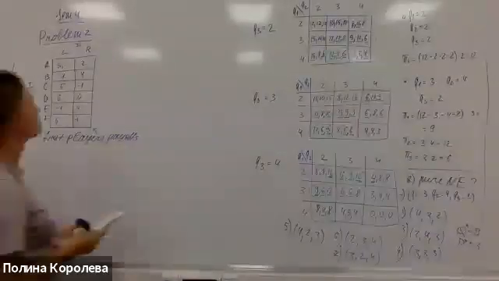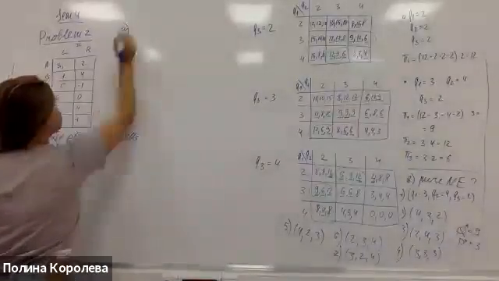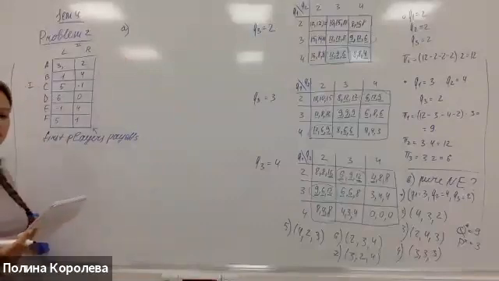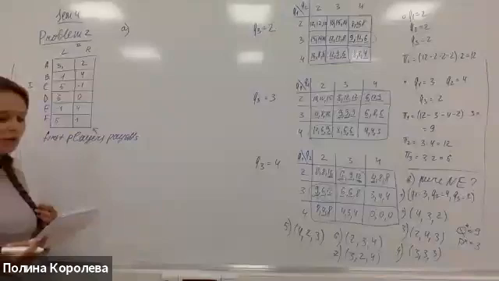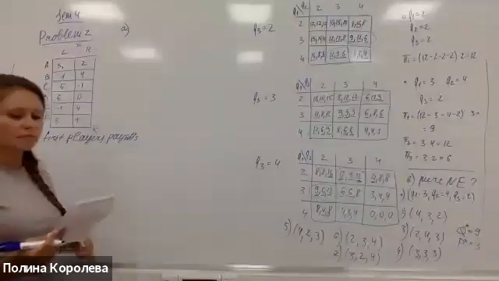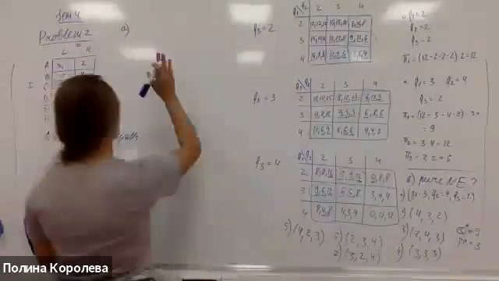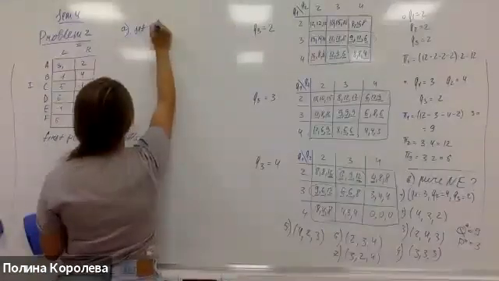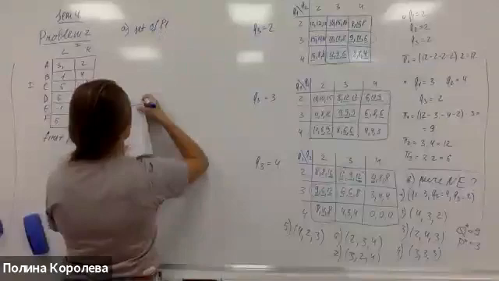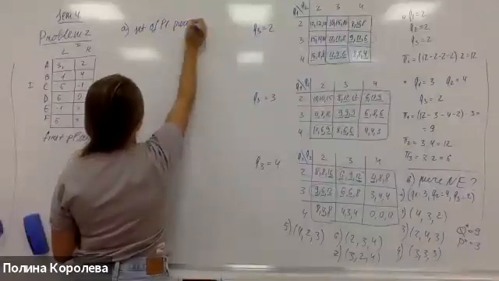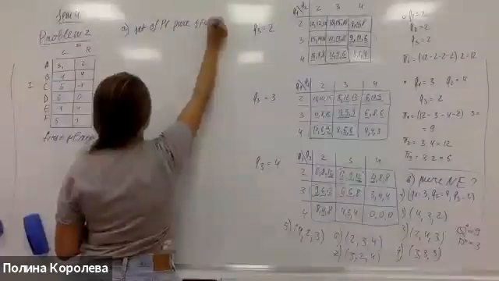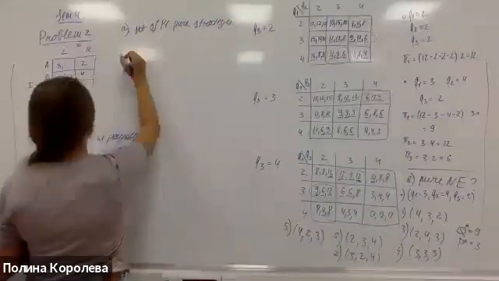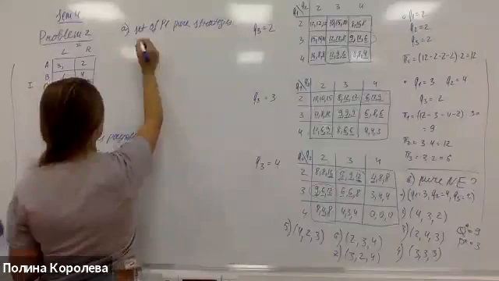And what should we consider? Our first task is to find the set of player one's pure strategies which are not strictly dominated by some pure strategy. Let's write down the task. Set of player one pure strategies which are not strictly dominated by some pure strategy.